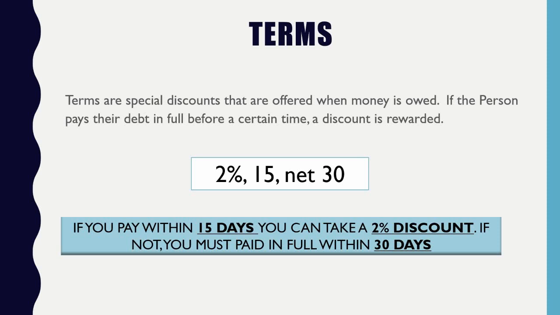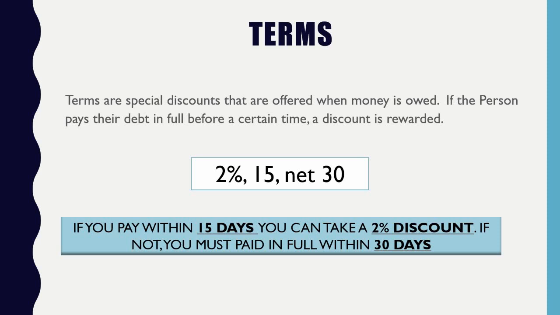But mostly terms usually tells you the amount of time that a bill is due. Okay, so for instance, if we owe money to a specific vendor, they will give us a term of net 30, meaning you have 30 days to pay this bill off, right?